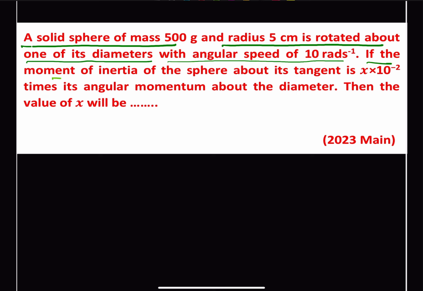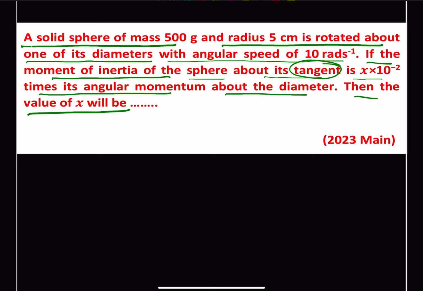If the moment of inertia of the sphere about its tangent is x into 10 to the minus 2 times its angular momentum about its diameter, then the value of x is. So in this case we are given a moment of inertia as well as the angular momentum relationship. The moment of inertia is about its tangent and angular momentum is about its diameter.